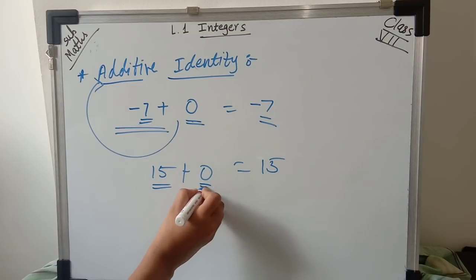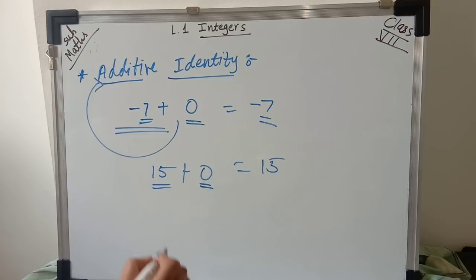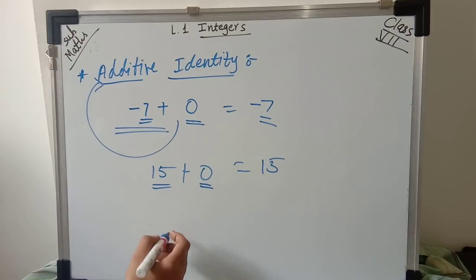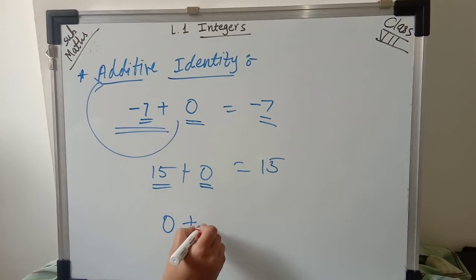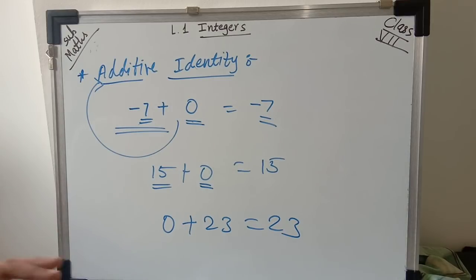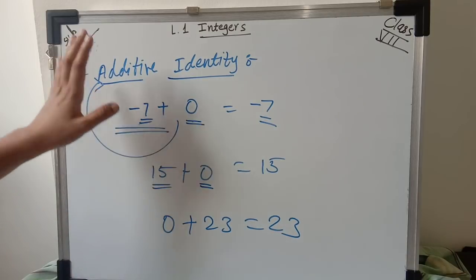If we change the places, we get the same answer: 0 plus 23 is equal to 23. In any order, if you add 0 to any integer, we get the same integer, and that is known as additive identity.